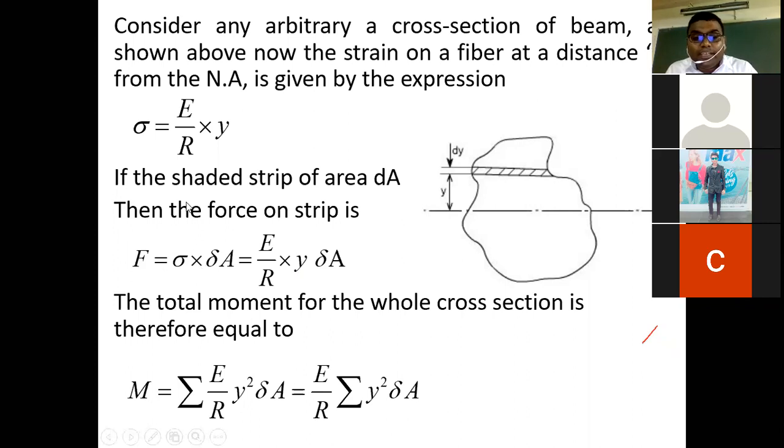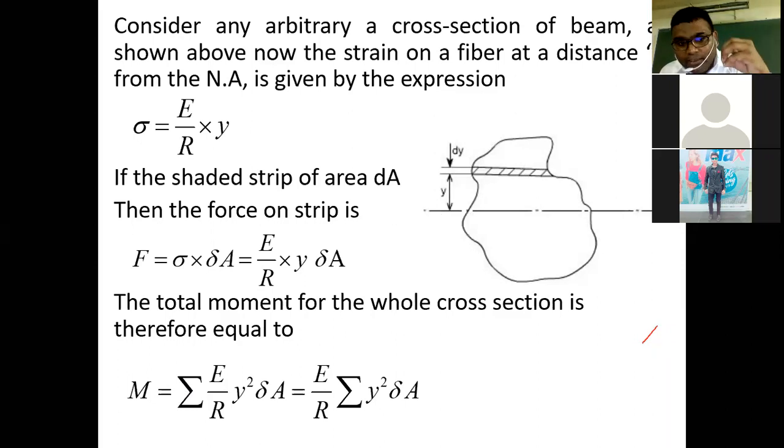We know that this is the force acting on this element. And if you want the moment of this area about the neutral axis, what you have to do is take the moment, and because we want it for the whole area, you have to apply the sum. For the small element we found the force, then you have the force acting on the whole area. So how do we find the total moment for the whole cross-sectional area? It is equal to M. Moment means M, you have studied all this in the first semester, just try to recall it. M is equal to this force, whatever force you have, multiplied by the distance from the neutral axis.